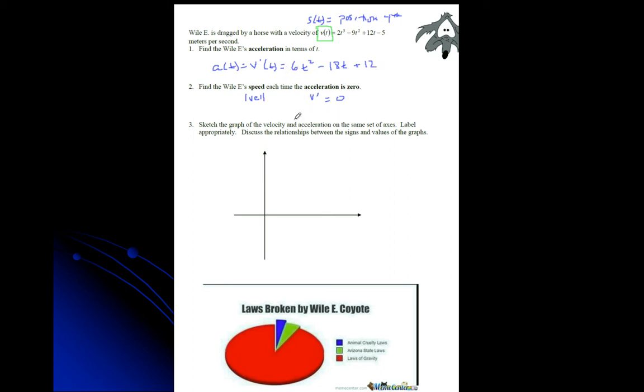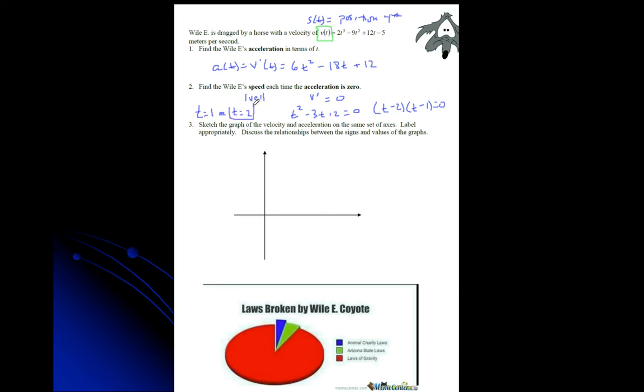I'm going to factor out a 6, and I get t squared minus 3t plus 2 is equal to 0. So I get t equals 1 or t equals 2 as the times when the acceleration is 0.